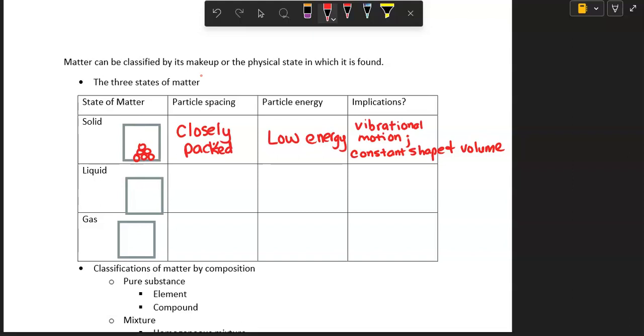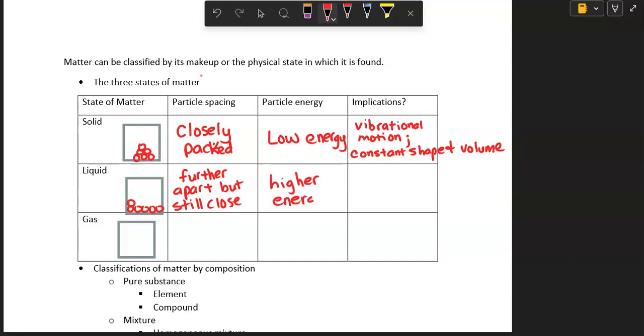Okay? So if we start to add energy to it, then we will take our solid and turn it into a liquid. And so it'll spread out, it'll fill the bottom of the container first. So the particle spacing is further apart, but it's still very close. And these will have higher energy than the solid.